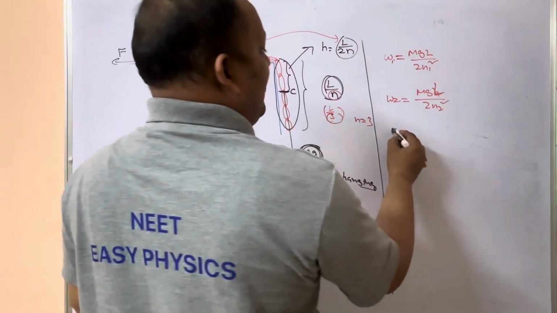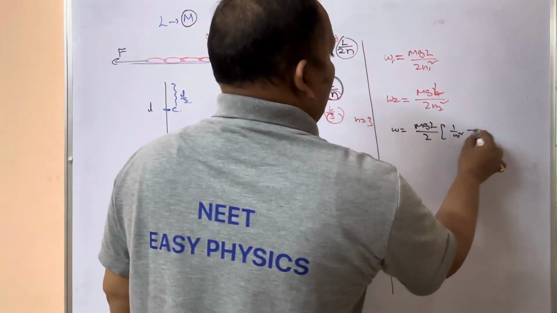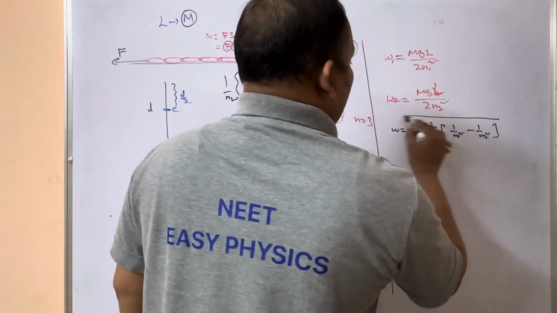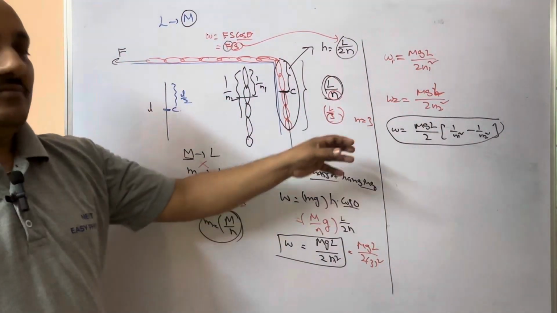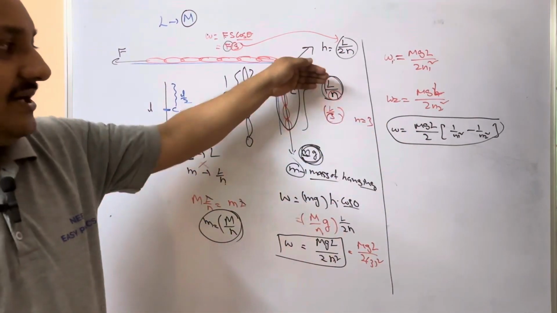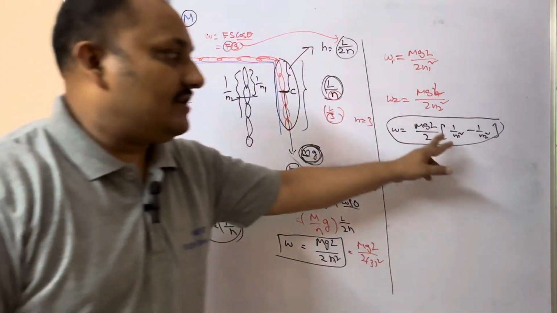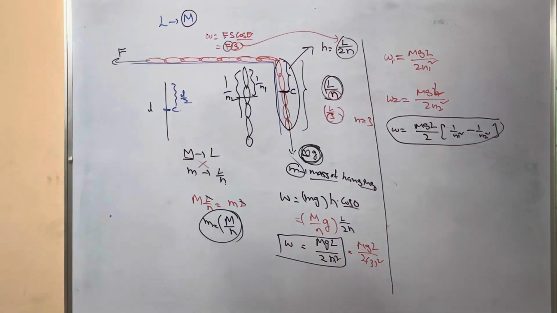So the work done is MgL by 2 into 1 by n1 square minus 1 by n2 square. This is the work done to pull the chain from 1 by n1 part to 1 by n2 part. If they ask from L by 2 to L by 3, then n1 is 2 and n2 is 3, and you have to substitute those.